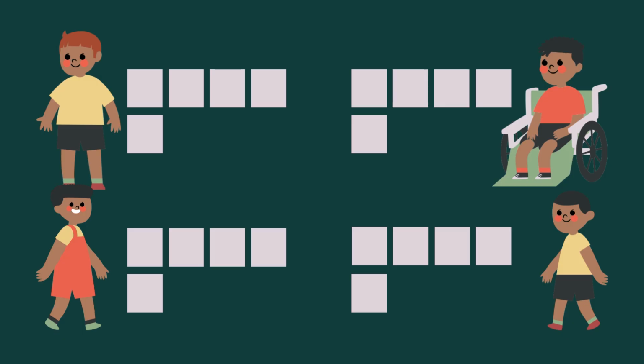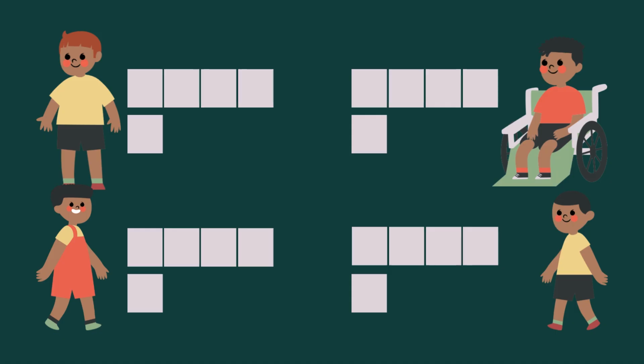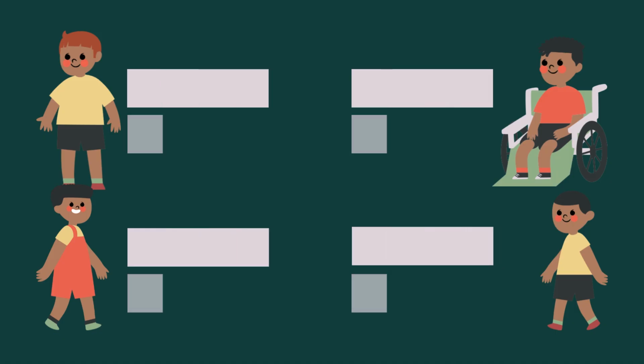Since 4 parts make 1 whole chocolate bar, each friend's 5 parts make 1 whole chocolate bar and 1 extra part. And what is this extra part? You got it right, Shorath. This extra part is 1/4 of a chocolate bar. So, by dividing all the chocolates into 20 equal parts, each friend gets 1 and 1/4 of a chocolate bar.